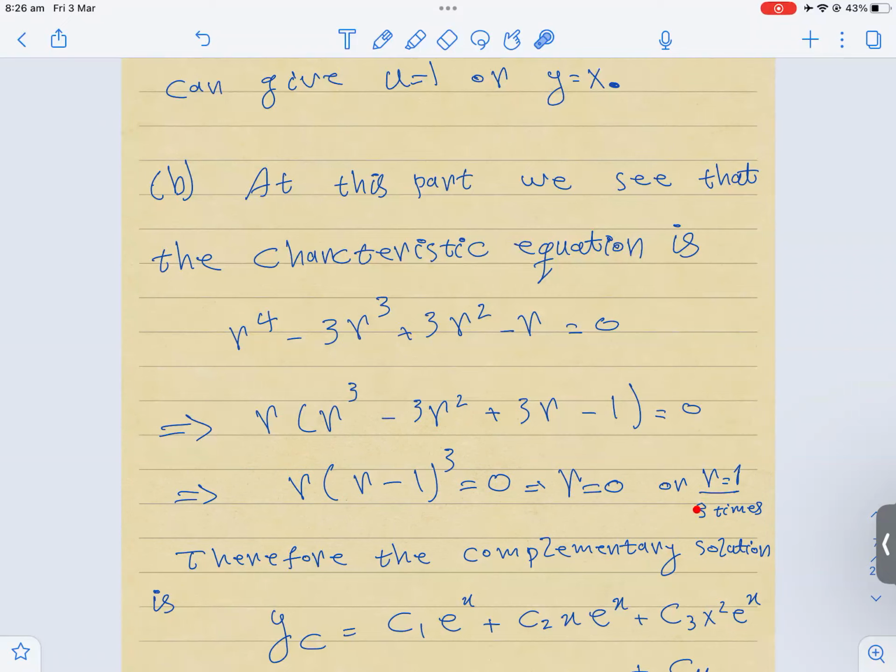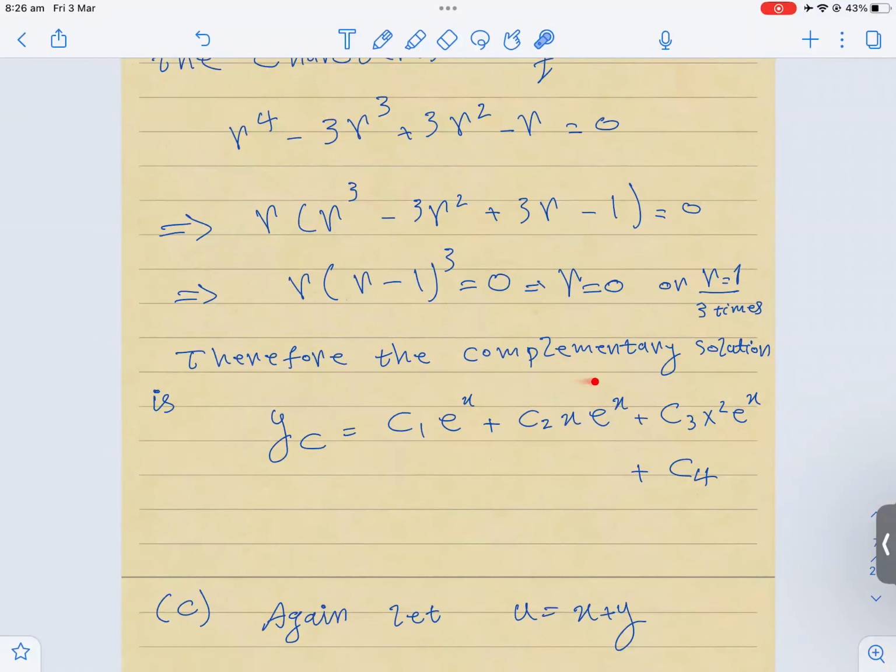Any algebraic polynomial of degree n has n solutions. So we have 1 solution here and 3 solutions r equal 1, but it has been repeated: r equal 1, r equal 1, r equal 1, 3 times.